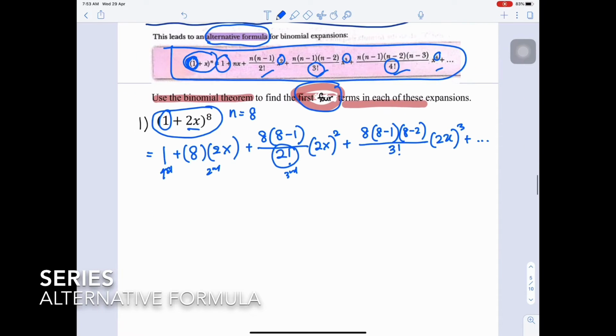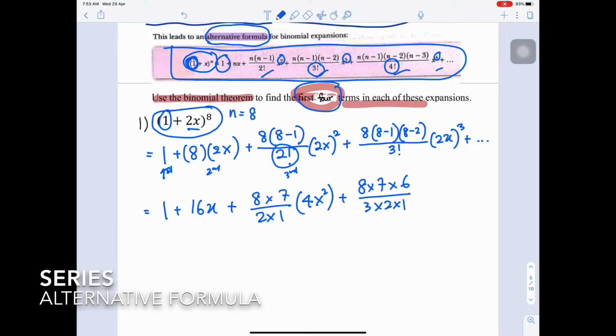Then simplify: 1 plus 8 times 2x equals 16x, plus 8 times 7 over 2 times 1 times 4x squared, plus 8 times 7 times 6 over 3 times 2 times 1 times 8x to the power of 3. Because this is the first 4 terms, there is no need to write down plus dot.